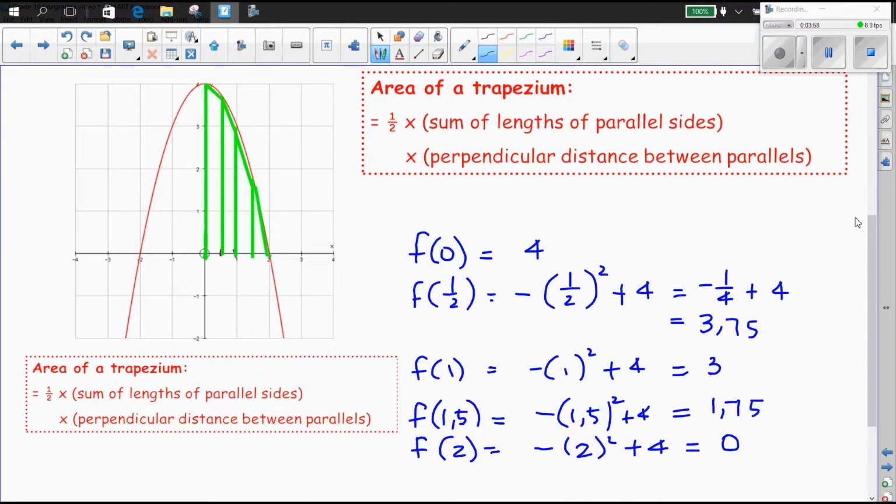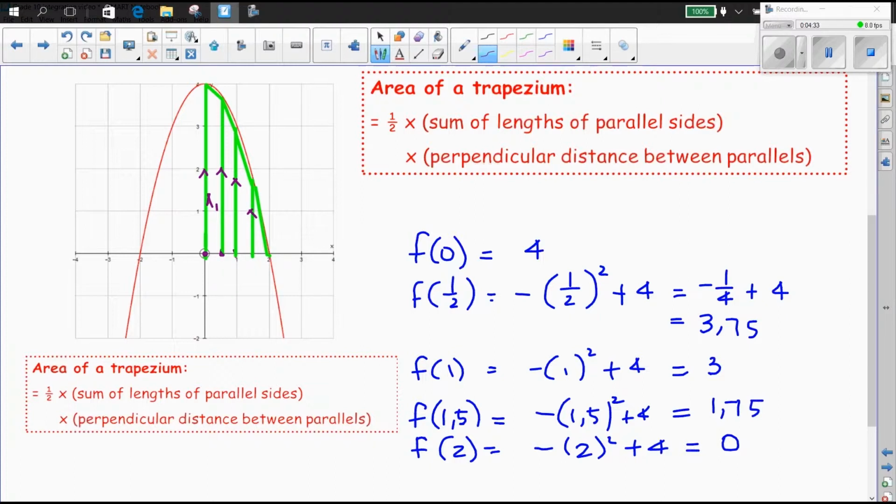If we look at the first trapezium, we're going to find the area of trapezium 1. The parallel sides are at x equals 0 and at x equals half. The formula says that the area of a trapezium is half the sum of the parallel sides, so I have to find the sum of the length of the side at x equals 0 added to the length of the side at x equals half.